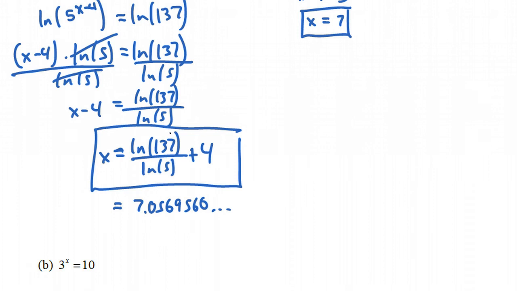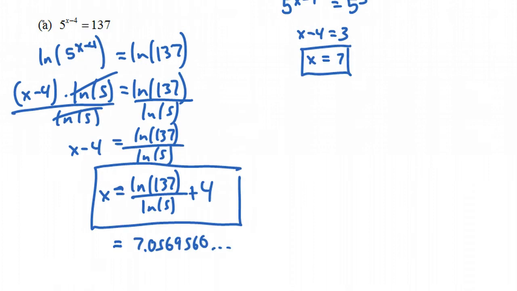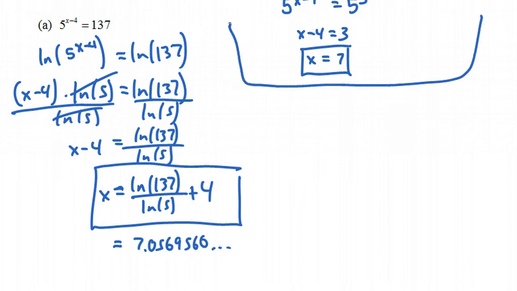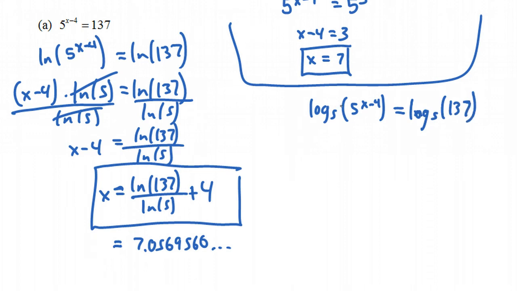Now, another way to solve this above problem would have been to take log base 5 of both sides. In fact, let's do that. Let's take log base 5 of both sides and see what happens. If we take log base 5 of the left side and log base 5 of the right side, the reason this is nice is because the left side is going to simplify to just x minus 4.